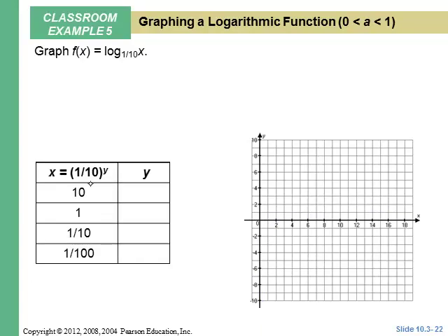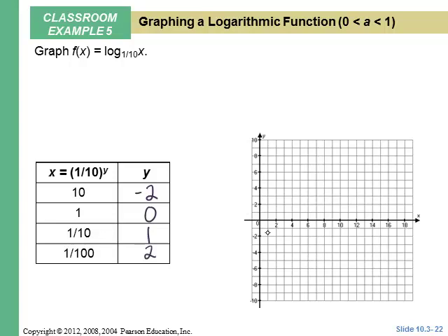Okay, x is 1/10 to the y. Now, how does that work? Well, 10 is 1/10 to the negative second. 1 is 1/10 to the 0th, any number to the 0th power is 1. 1/10 to the first is 1/10, 1/10 to the second is 1/100th.